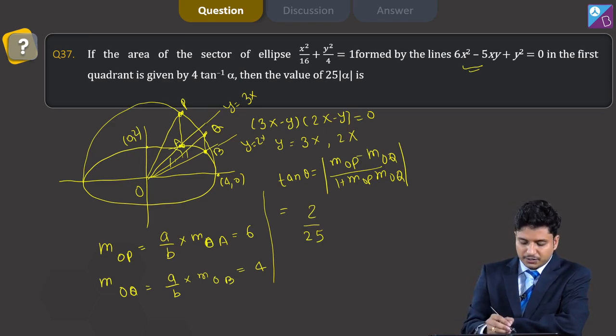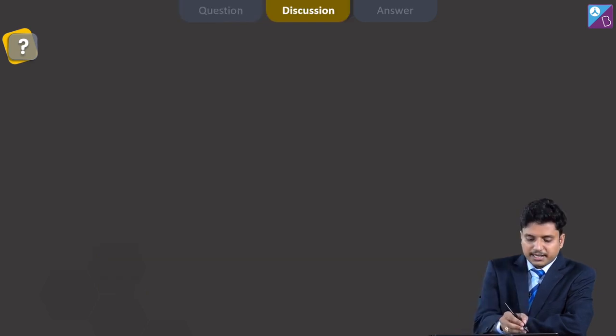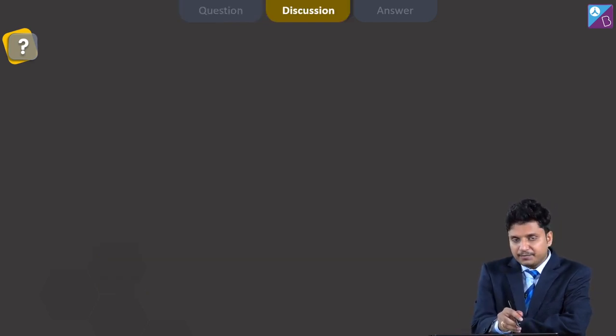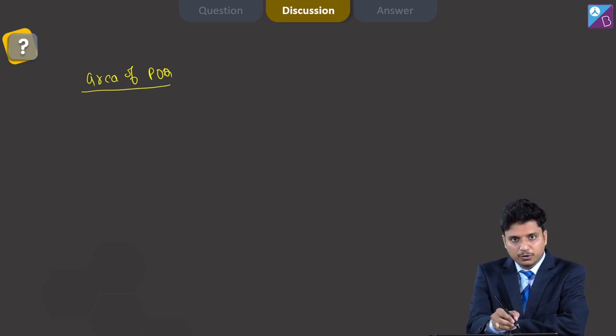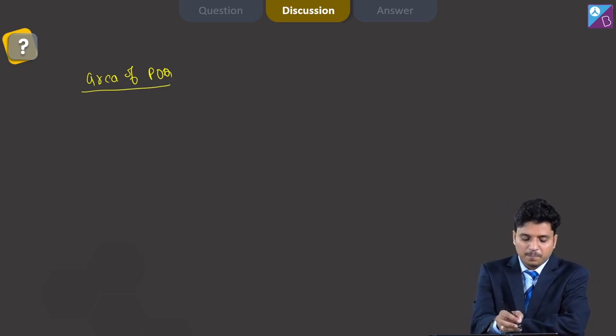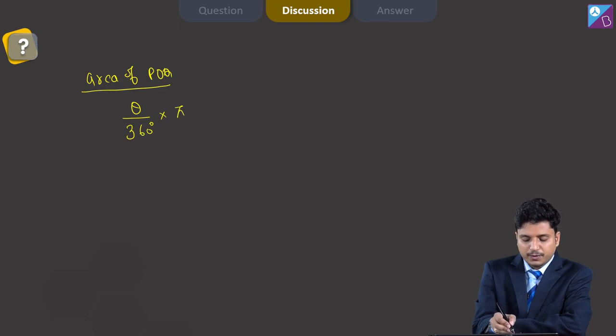So what area we should try to find out? It is actually the area of ellipse in between that POQ portion. So area of sector POQ. This is not a triangle POQ, this is a sector POQ. What will be its value? It will be theta by 360 degree into pi r square, right.